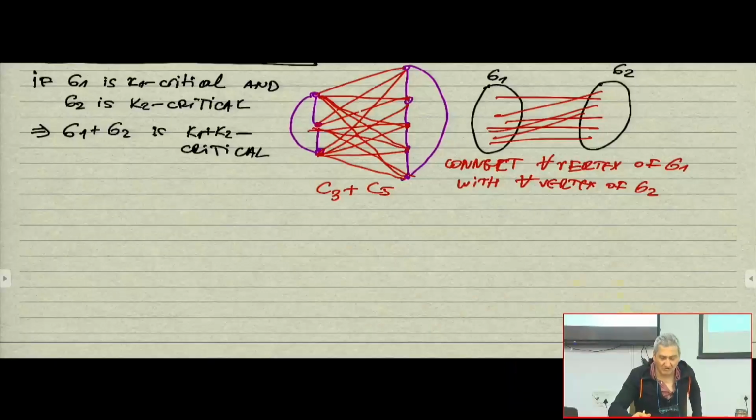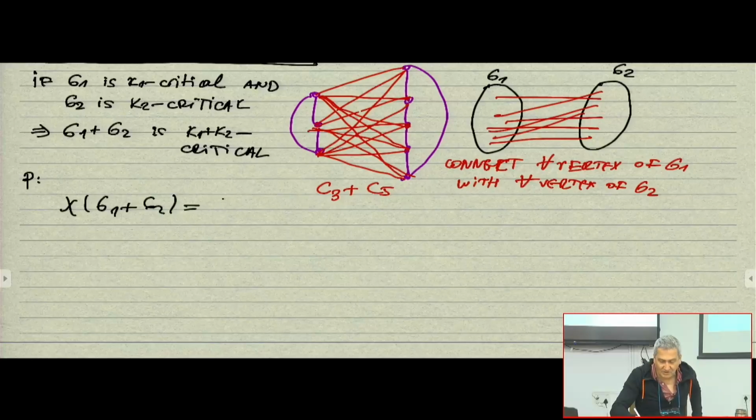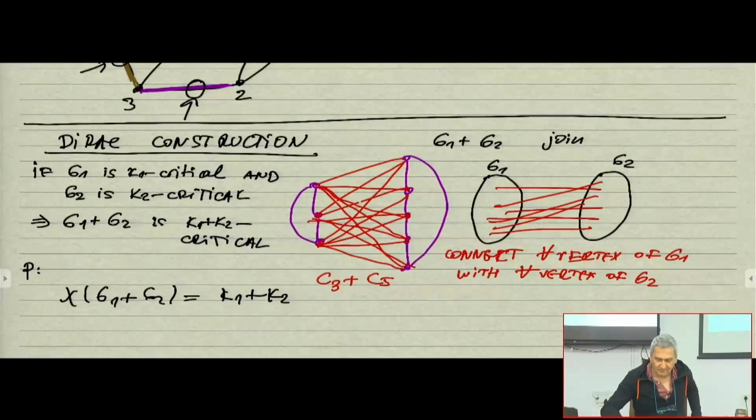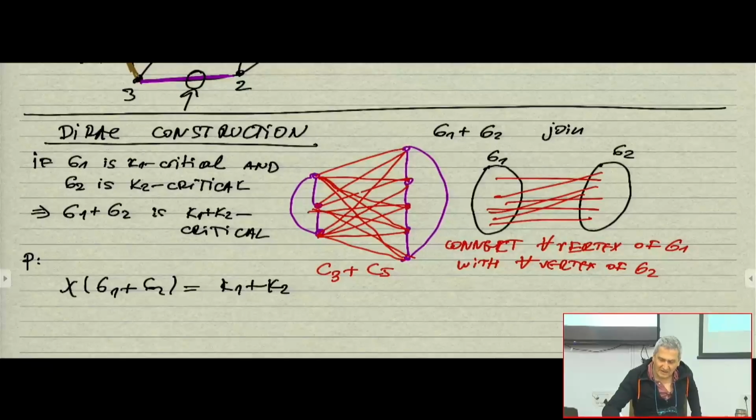What do you think? The chromatic number of this graph, some fast idea of the proof: K1 plus K2. Look, we have graph G1, graph G2, and all edges between.